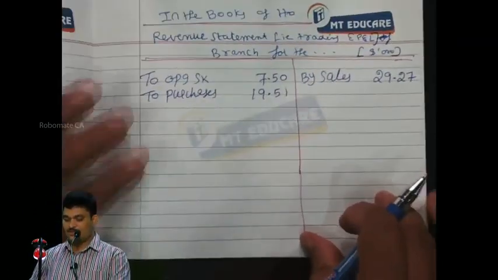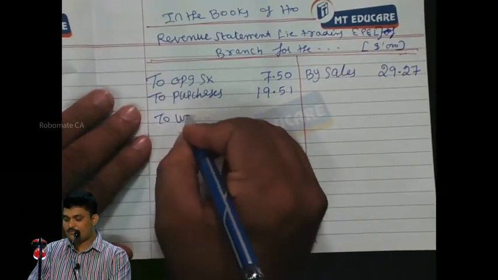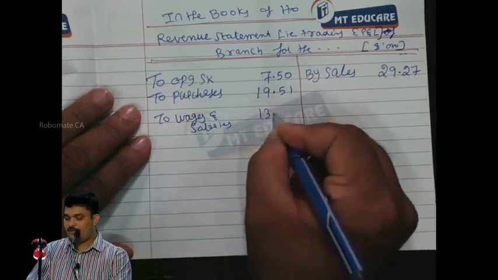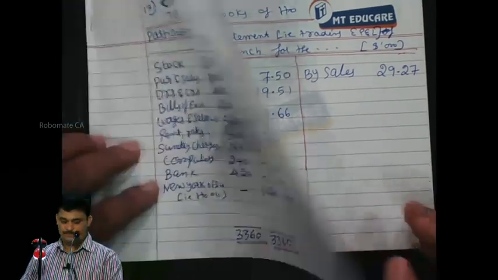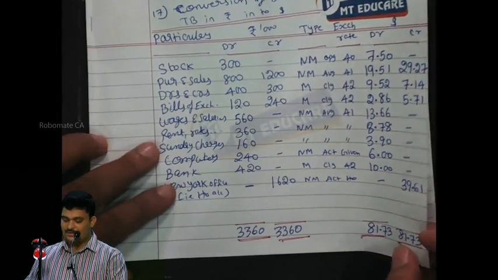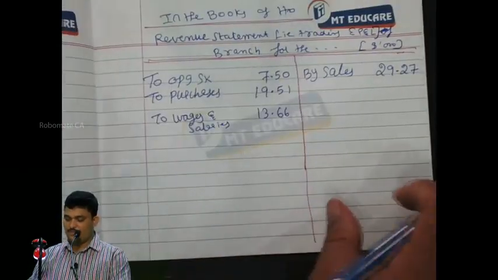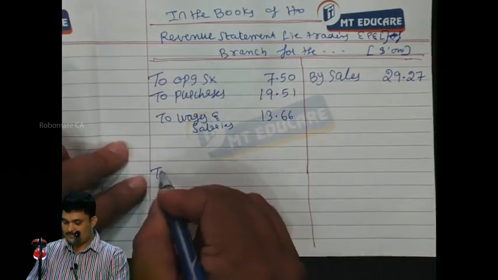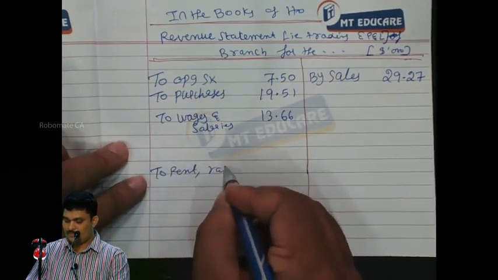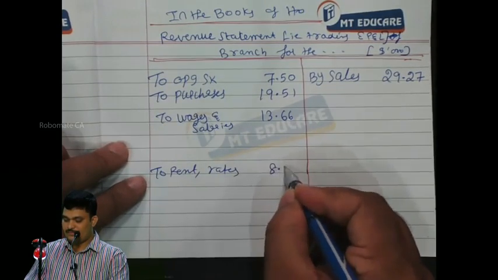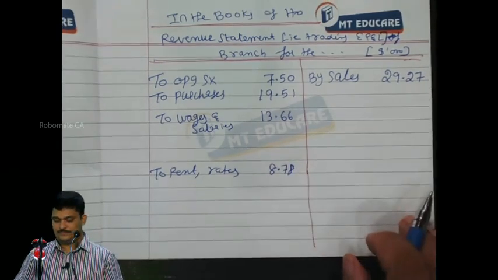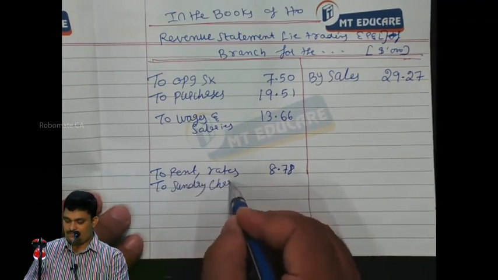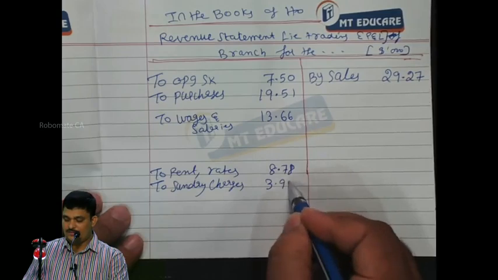Wages and salaries we take in the trading account. 13. Rent, rates and taxes, profit and loss. How much? 7? 3 point.